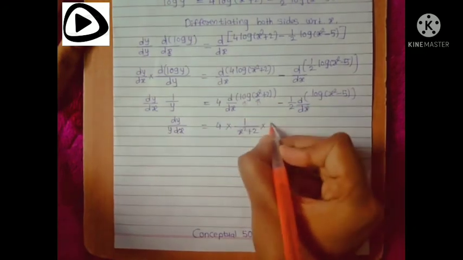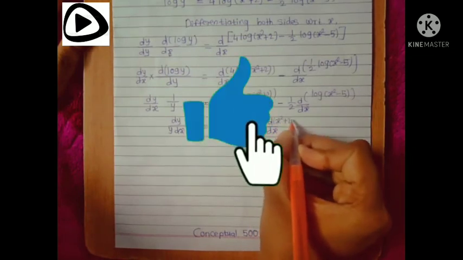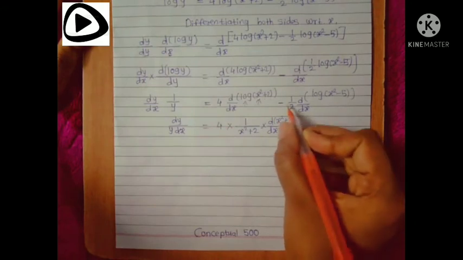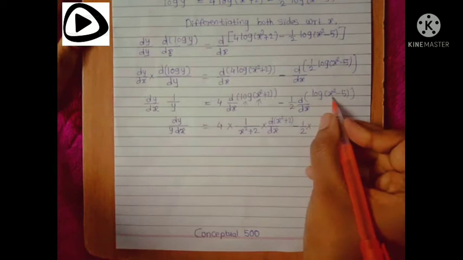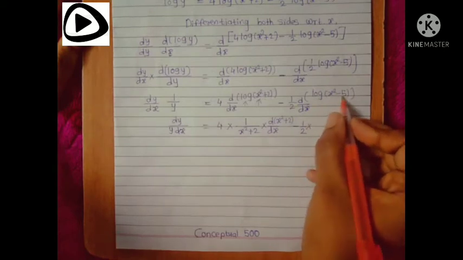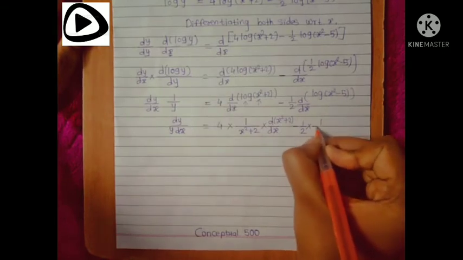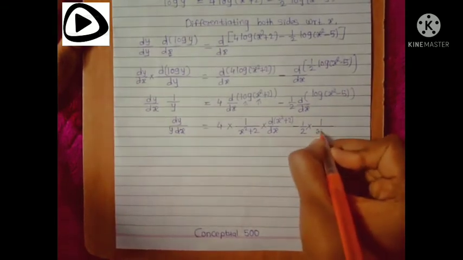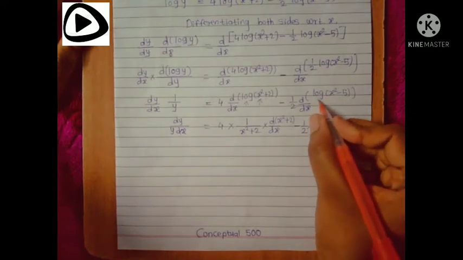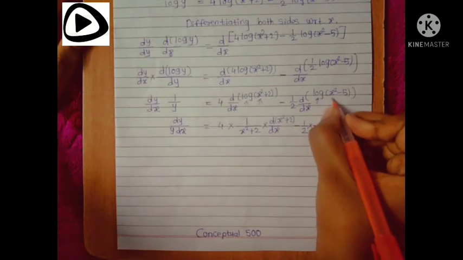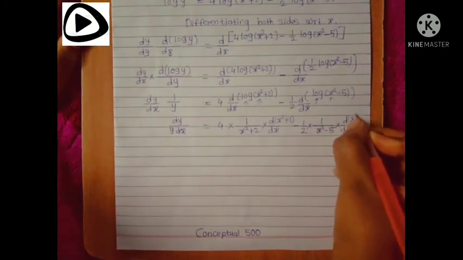Minus, half as it is, the differentiation of log of x square minus 5. Assume x square minus 5 as x, so it is 1 upon x square minus 5, into the differentiation of x square minus 5.